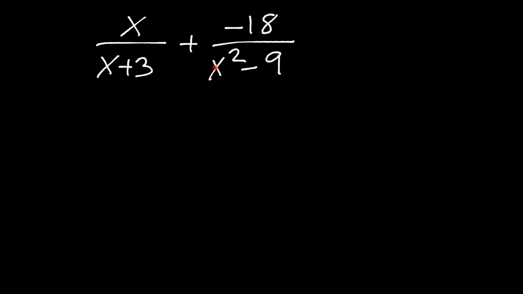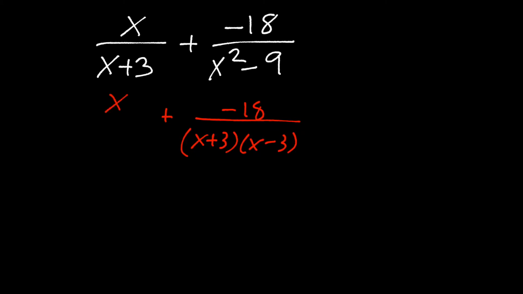If I can factor this, that might help getting a common denominator be a little bit easier. So x squared minus 9 is the same thing as x plus 3 times x minus 3. And I've got the negative 18 up top.